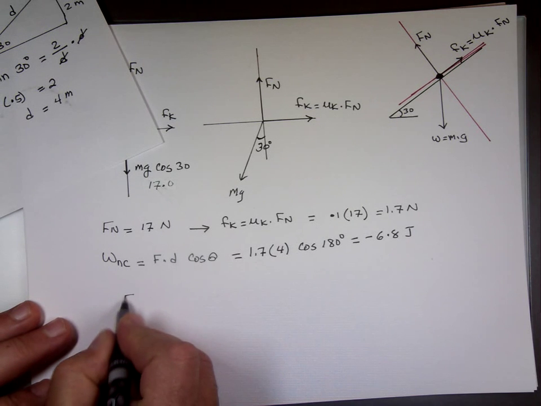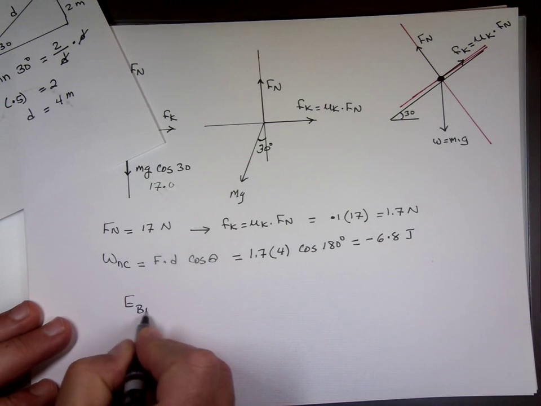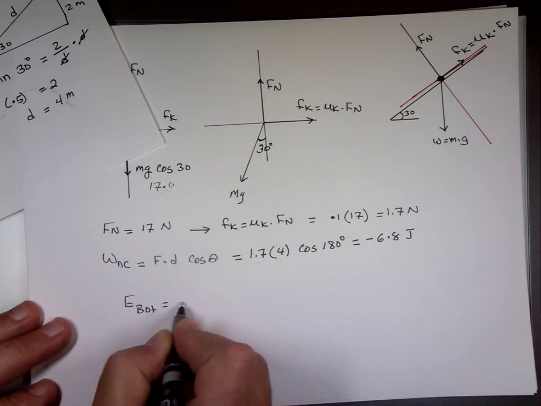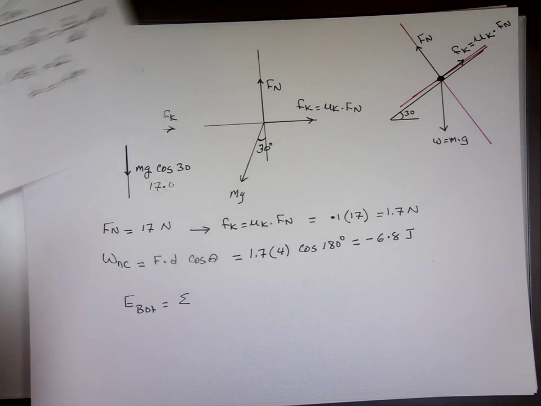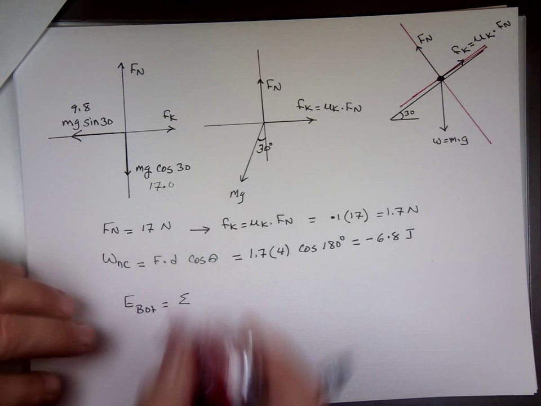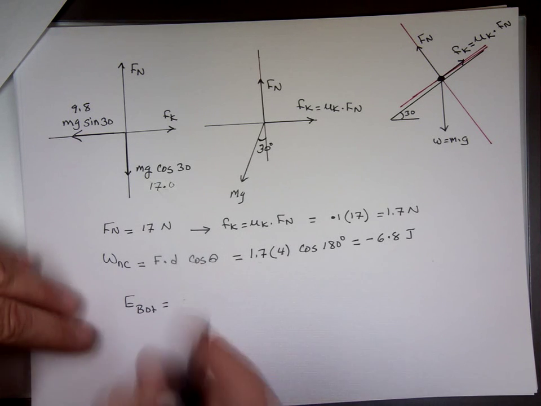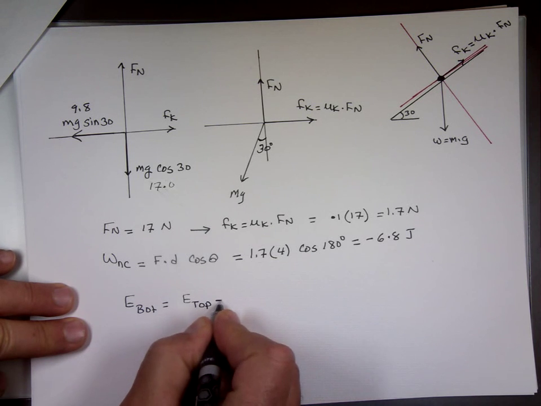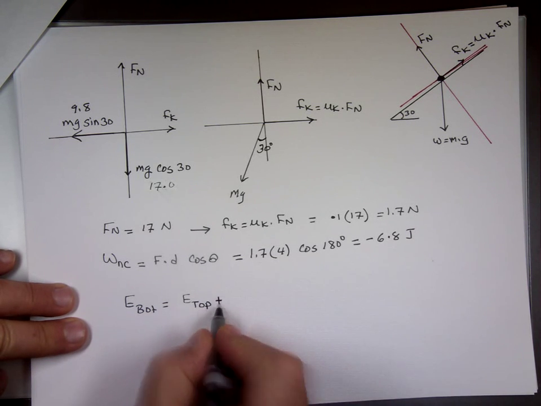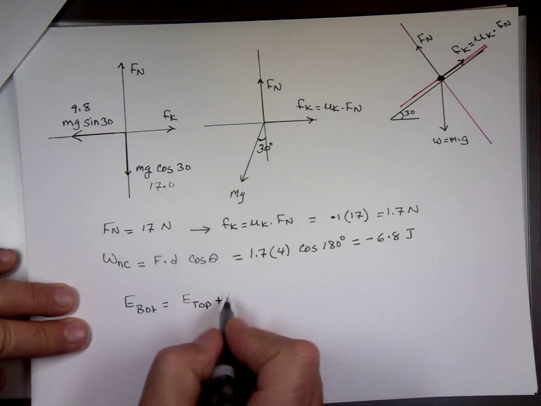So how much mechanical energy at the bottom? It's going to be whatever you had at the top. Oh, I don't know why I use sigma. It's the amount of energy you had at the top minus, or add to it, because that's a negative number, the non-conservative work.